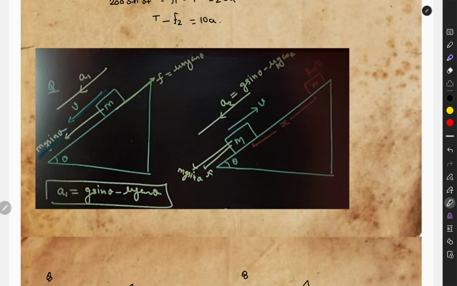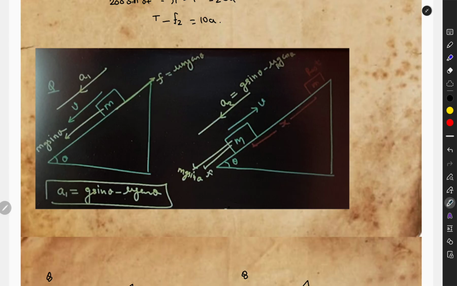Since acceleration and velocity are in this direction, friction f will act in the opposite direction, which is mu mg cos theta, because normal force will be mg cos theta. So mu multiplied by normal force is mu mg cos theta. Since the acceleration is on this side, mg sin theta minus mu mg cos theta will be equal to m a1.